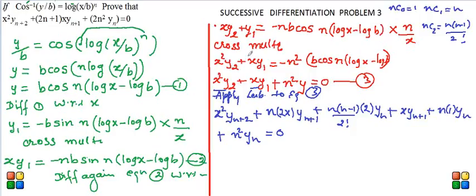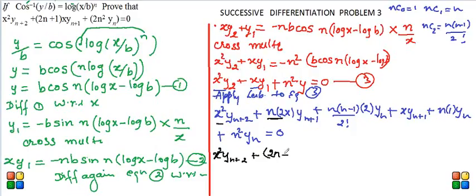So by further simplifying we can write the final thing. Say x square yn plus 2, this part as it is, plus we can take common from second and fourth, x y n plus 1. So when we take, automatically we get, from here we get 2n, from here we get 1.